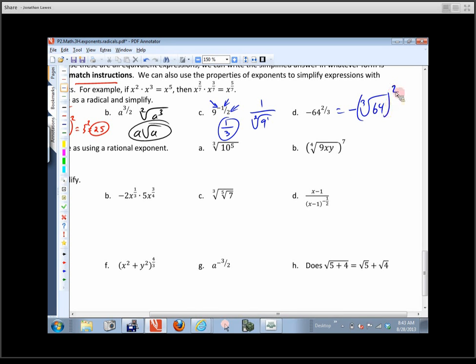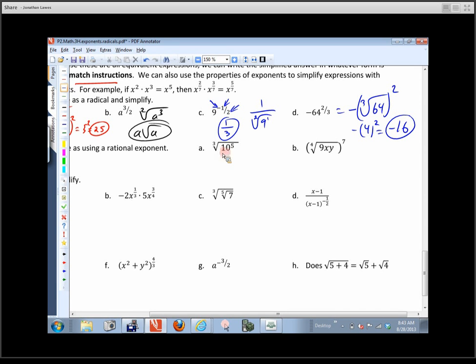Probably outside would be better. Okay? Cube root of 64, 4 squared with a negative in front. The answer to that one is negative 16. Okay? So as you're going through, there are lots of these that you'll look at and think, I know the answer. But you want to make sure that you get it right. Okay. Any questions on those?